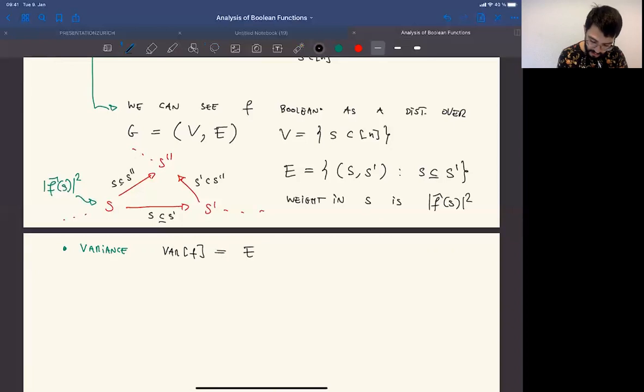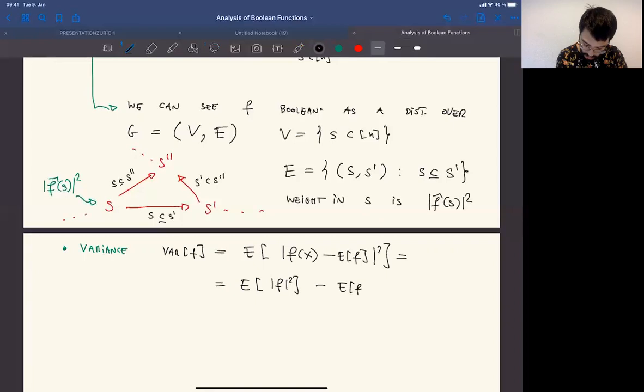It is the expectation of f of x minus the expectation of f, squared, which we can always simplify to the sum of the squares of the Fourier coefficients, by Plancherel.